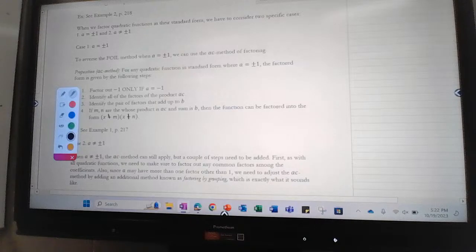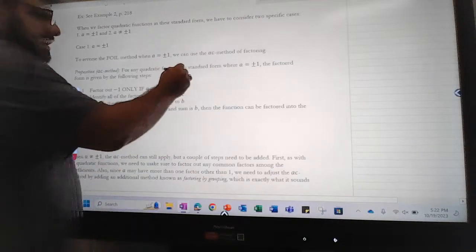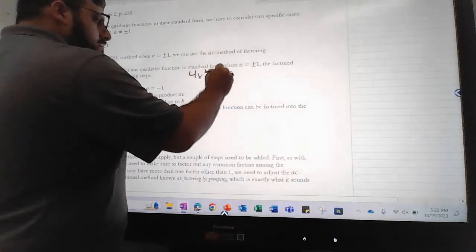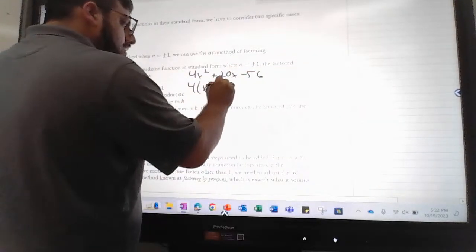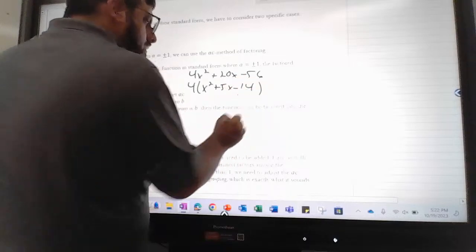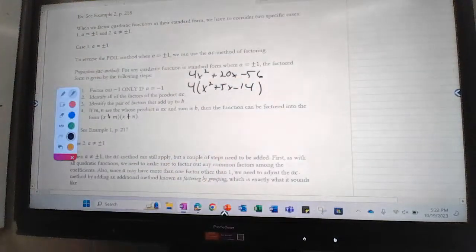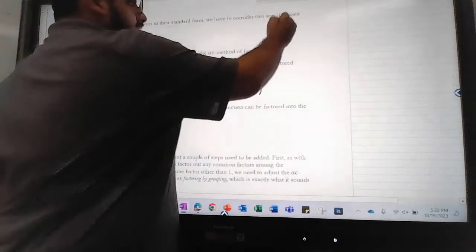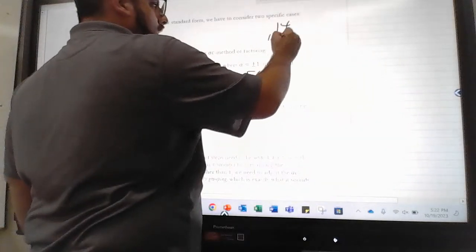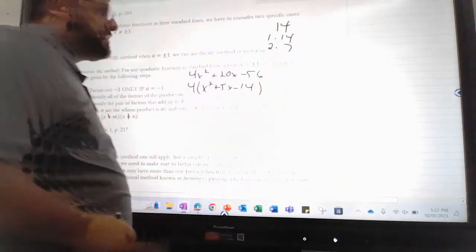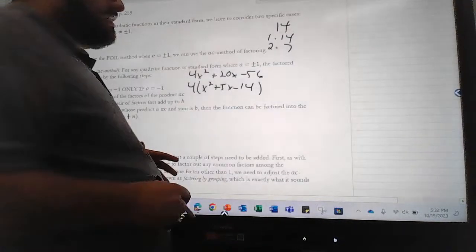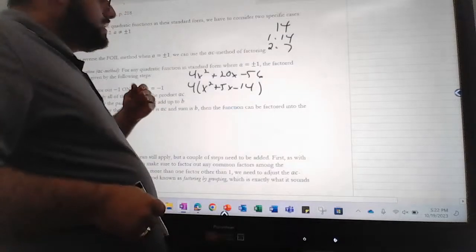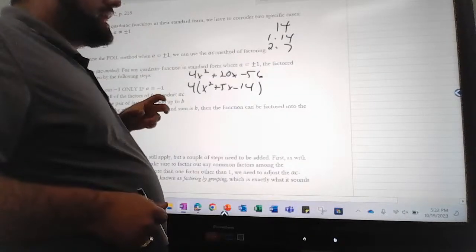Like, for example, our equation earlier, 4x squared plus 20x minus 56. First, we factored out the 4. All right, so 1 times negative 14 is negative 14. If I look at 14 by itself, its factors are 1 and 14, 2 and 7. Now remember, this 14 is negative. So when we pick a pair of those factors, one of those numbers in that pair has to be negative.